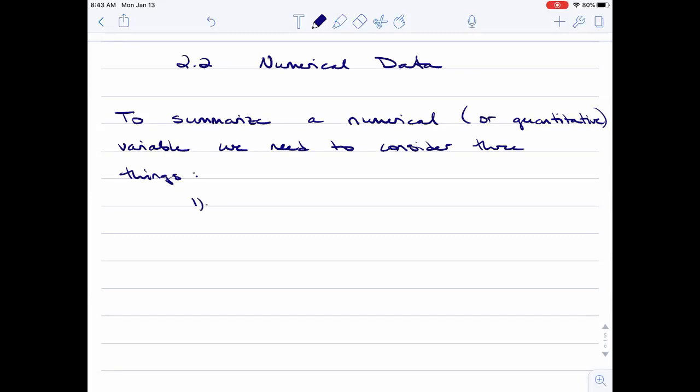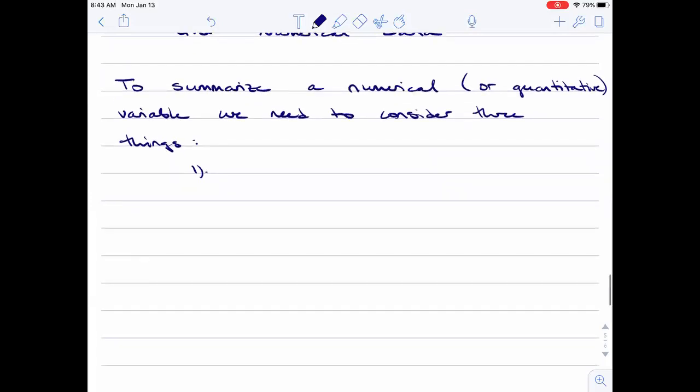The first one is the shape, the shape of the distribution, which means we have to visualize this thing somehow. Just like we did with a bar graph. A bar graph is just a visualization of a table. And so if we've got numerical data, then first thing we do is we visualize it, we look at the shape of it, and then from the shape, we'll be able to determine what is our best measure of center and spread? And so the first thing we're going to look at is the shape.